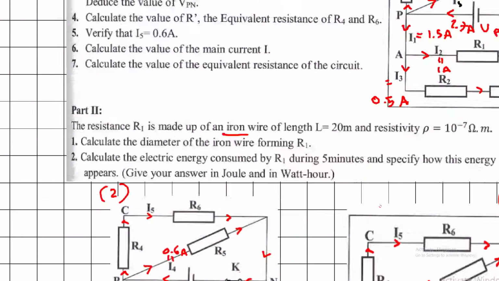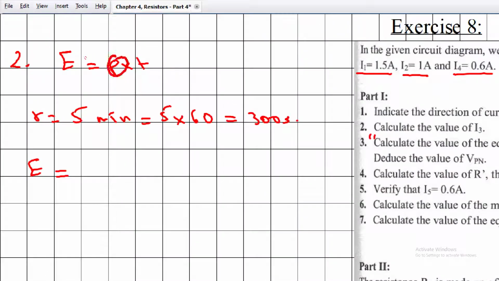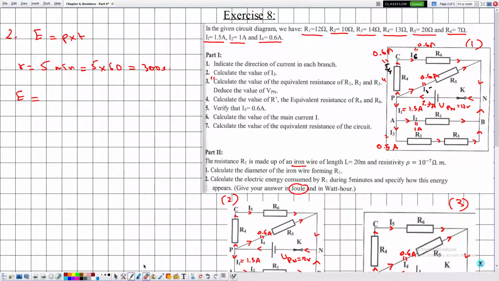Okay, here they are telling us to give the answer in joules and in watt hour. Let's first concentrate on the joules, which is the SI unit. Now we know the value of time, but we need to know the value of power in order to calculate the electric energy. Power for any electric component is given by U multiplied by I. Now we are calculating the power across the resistor R1.